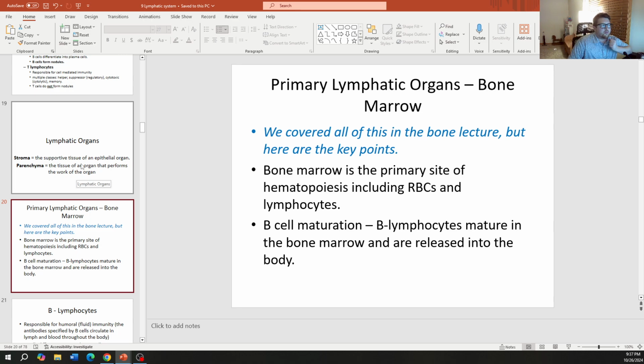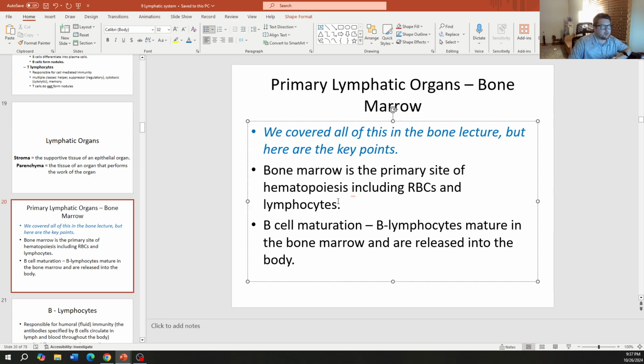So talking about the primary lymphatic organs, first of all, the bone marrow. Again, we covered all of that in the bone lecture, so you can go back to that lecture. But the biggest things to remember are that it's the primary site of hematopoiesis, including red blood cells and lymphocytes, and B cell maturation does occur in the bone marrow.